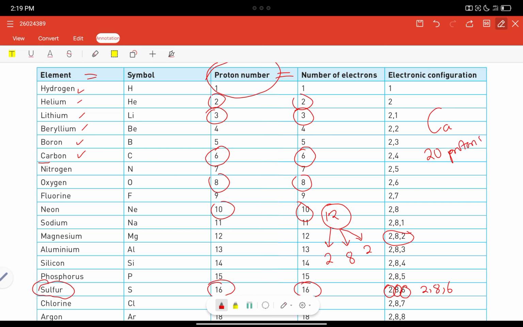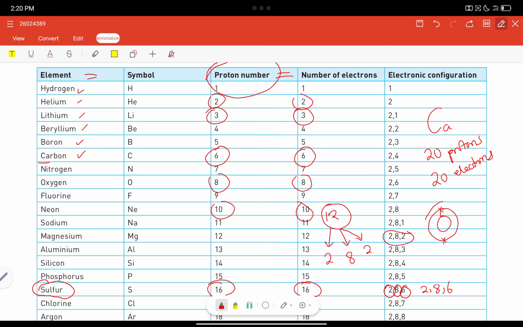And as we can see here in this table, realize that the proton number is always equal to the number of electrons. So if calcium has 20 protons, then it would have 20 electrons. Now to write the electronic configuration, take note, we said you split the electrons into the various shells. So the first shell, that's the closest to the nucleus, would always take 2.